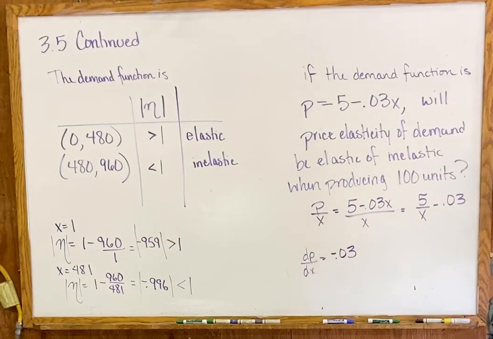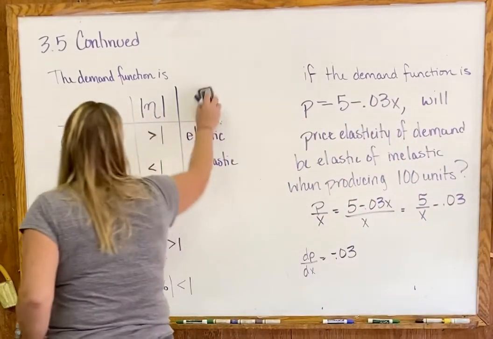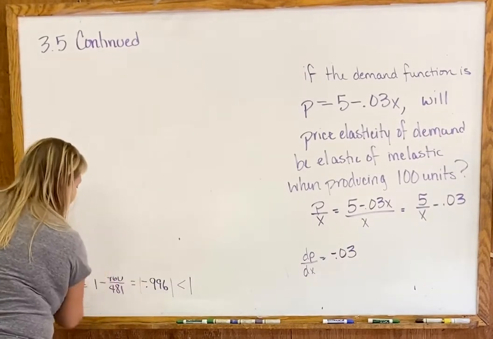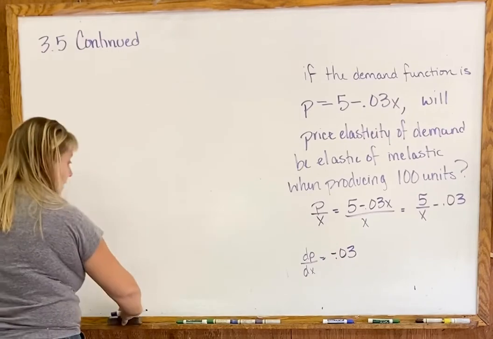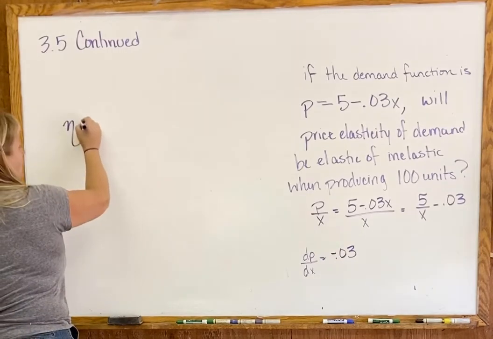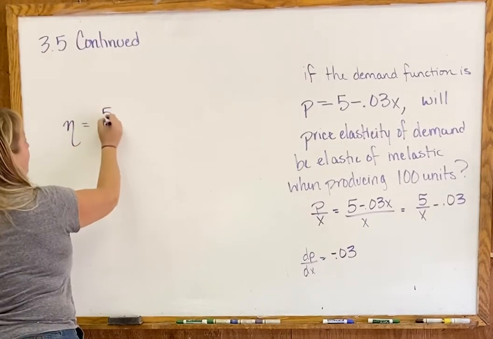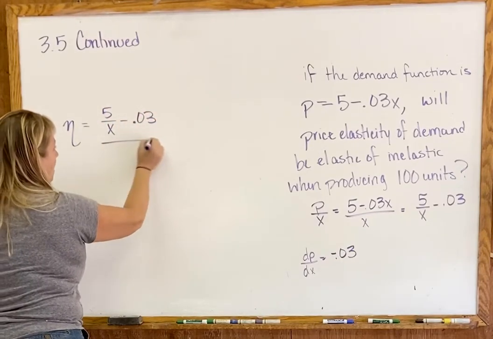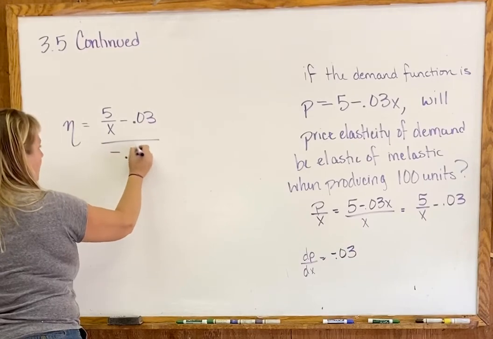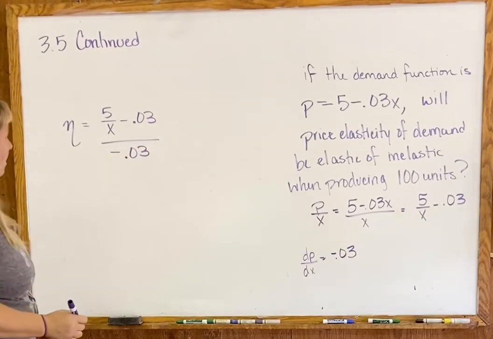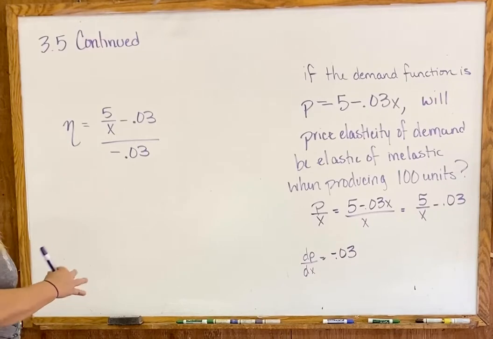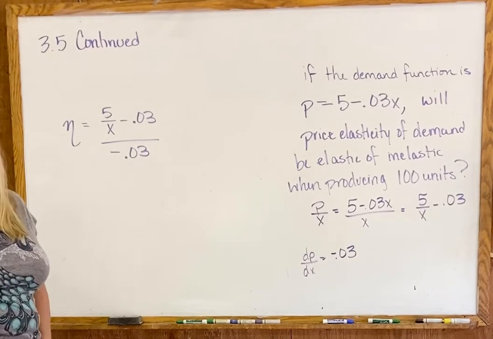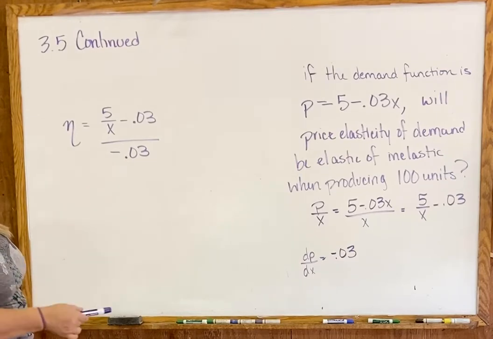So now we will set up eta, which equals 5 over x minus 0.03 all over negative 0.03. Okay, now here's the dealio. They're not asking us to make an interval or figure out where it equals 1 and where it doesn't equal 1. They're just asking us at 100 units.